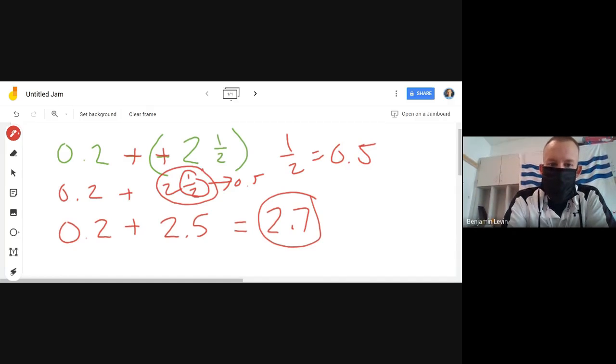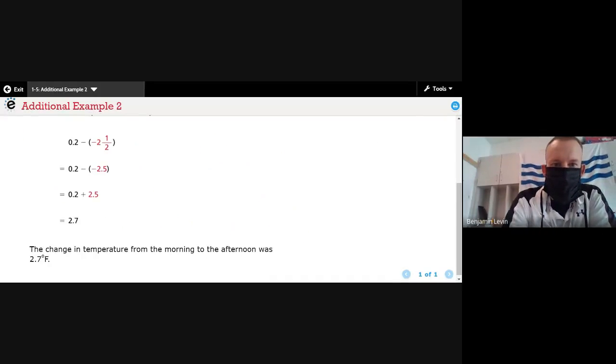So we replaced the half with a 0.5. Now we have 2 decimal numbers, so we can add them together very easily to get 2.7. Sorry that I forgot to switch over to the Jamboard on that, but that's what they got, right? The change in temperature from morning to afternoon was 2.7 degrees, just like we showed on the Jamboard.